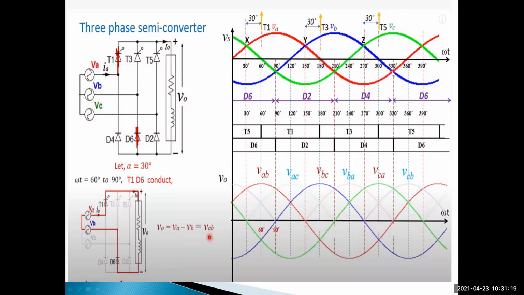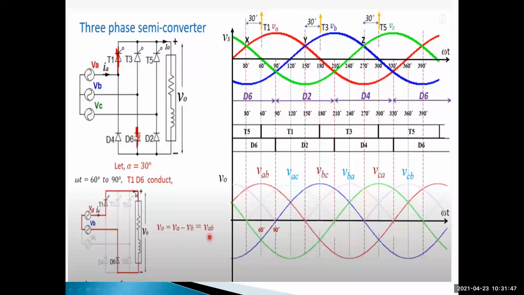VB, the blue phase, is more negative up to 90 degrees. We are already in the negative region from 330 onwards, and below 90 degrees it is also negative. So the B phase is more negative.